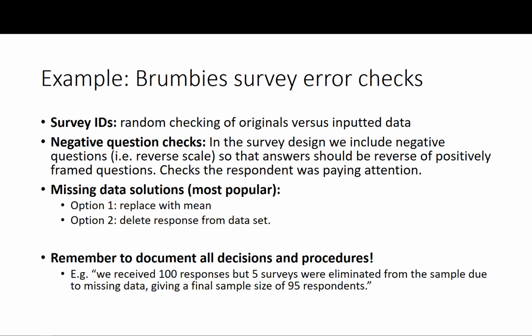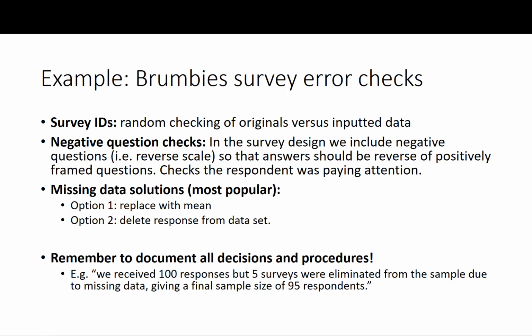Other error checks that can be done. I talked about adding those survey IDs or respondent IDs to the top of all of my handwritten surveys. That let me do random checking of originals versus the inputted data. We can do negative question checks.